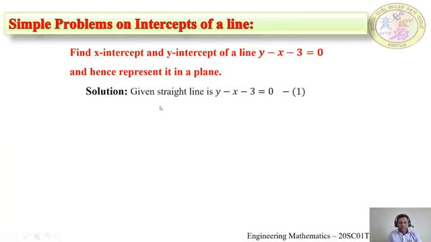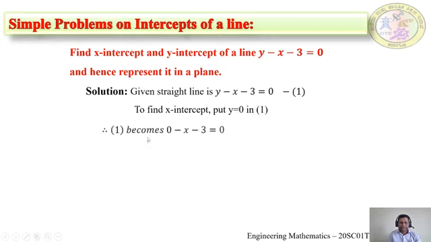Okay, so we will first take as usual, the given straight line is y minus x minus 3 equal to 0, and we call it equation number 1. As you know, to find the x-intercept, put y equal to 0 in equation 1. Therefore equation 1 becomes 0 minus x minus 3 equal to 0.